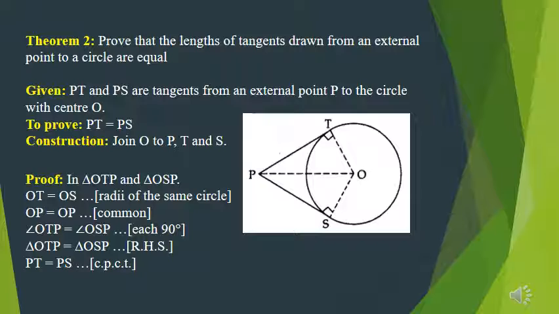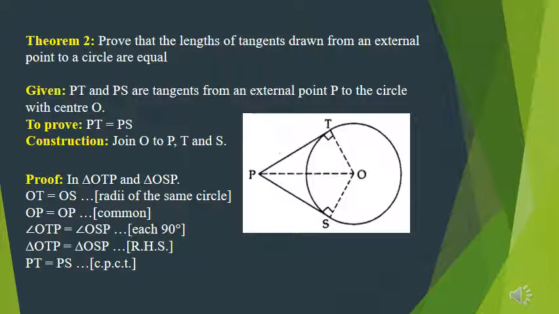In triangle OTP and triangle OSP, OT and OS are equal because they are radii of the same circle. Similarly, angle OTP and angle OSP are also equal because these are 90-degree angles, and OP and OP are the common side.